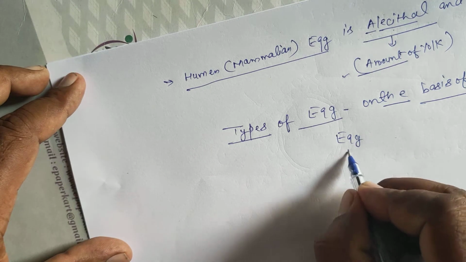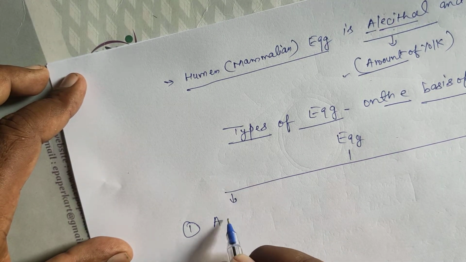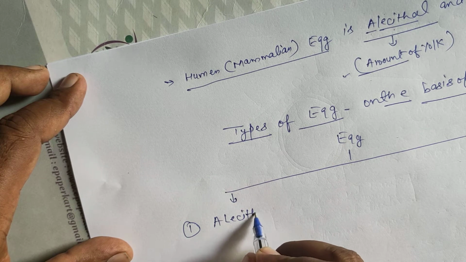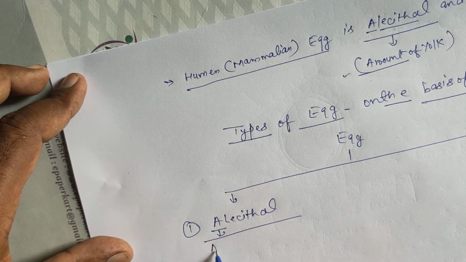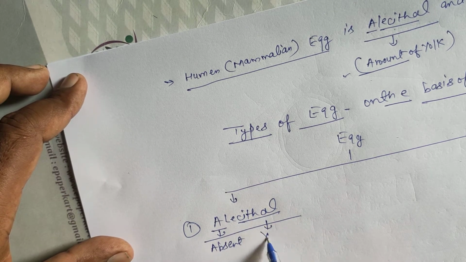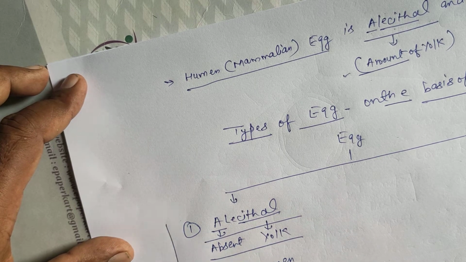First is alecithal. A means absent, lecithal means yolk. For example, human or mammals.